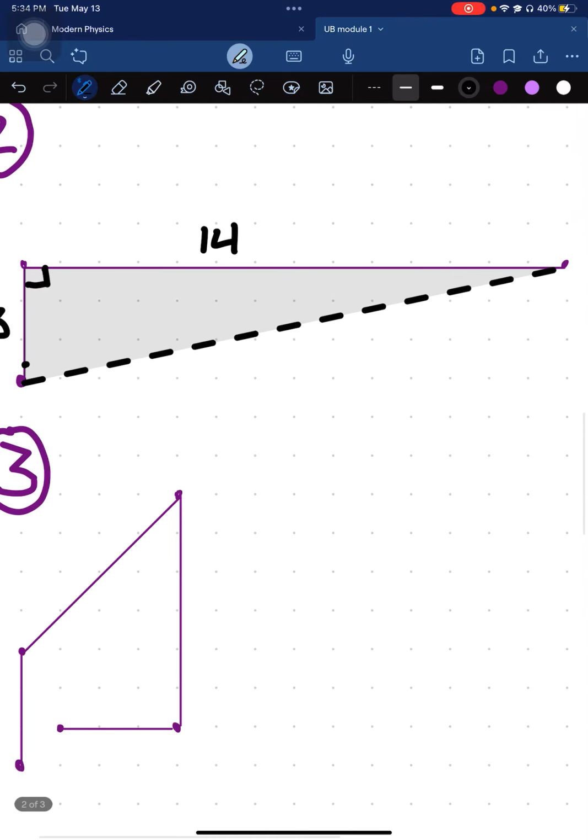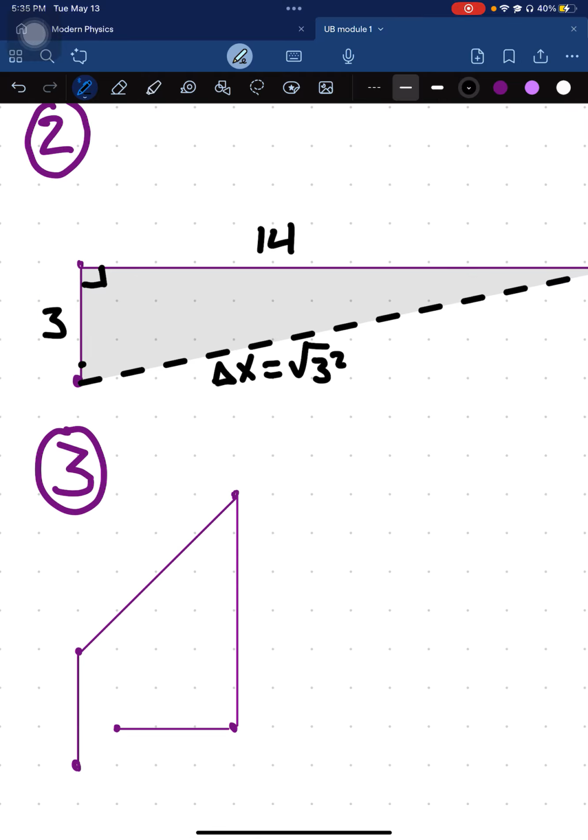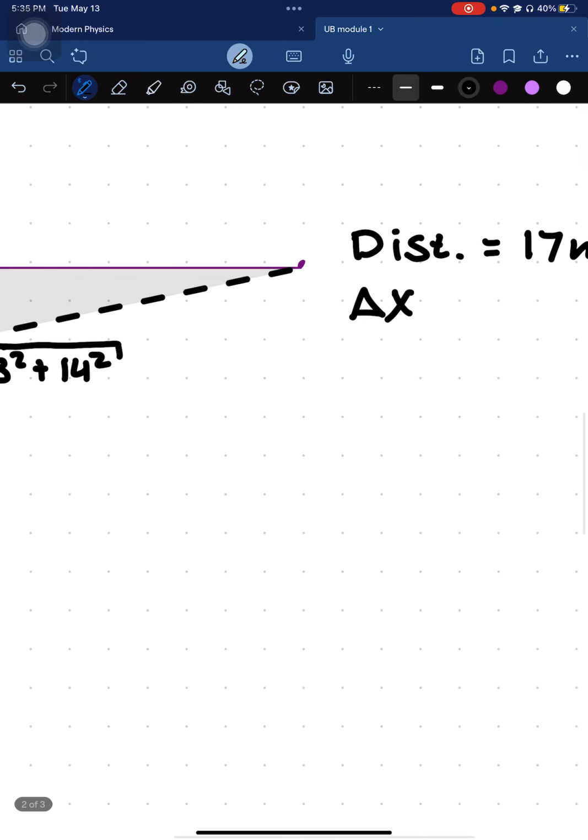So we know that delta x equals the square root of 3 squared plus 14 squared all under the square root.